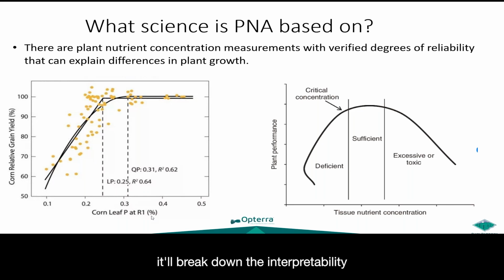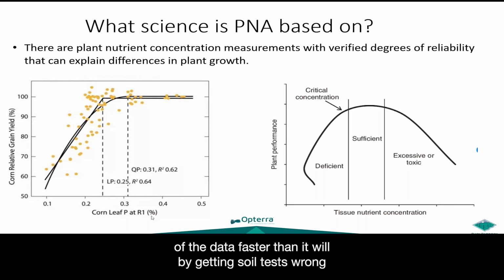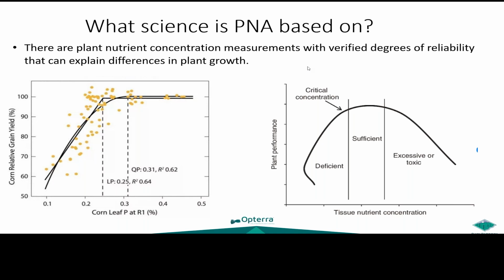It'll break down the interpretability of the data faster than it will by getting soil tests wrong by whether I should take it in December or April. That's very, very critical in this situation.